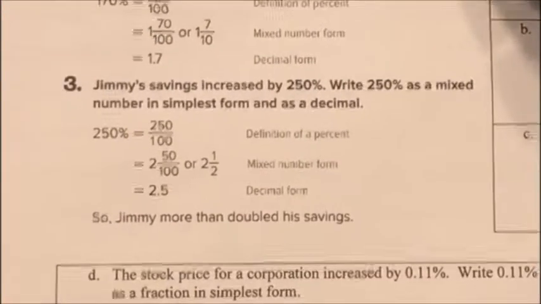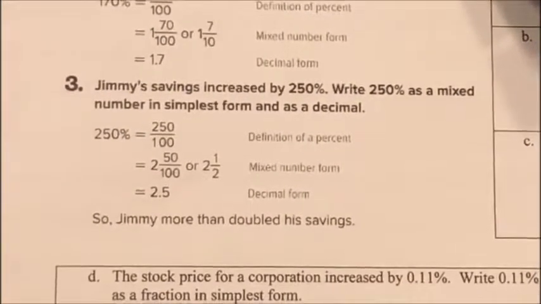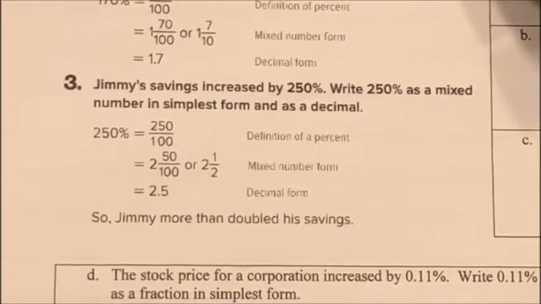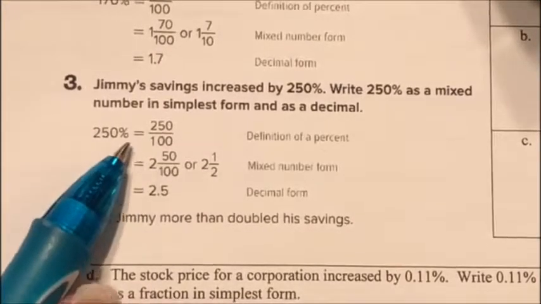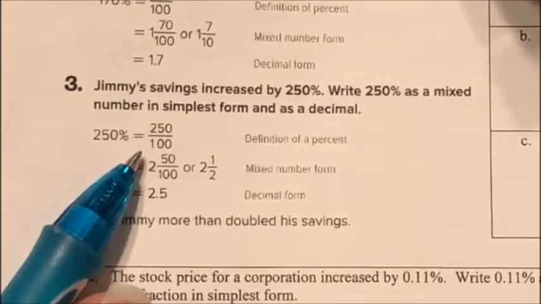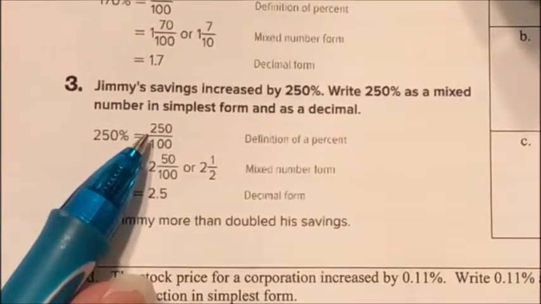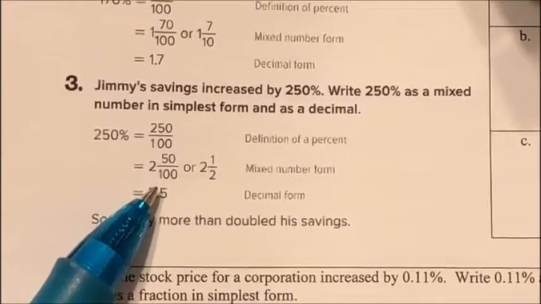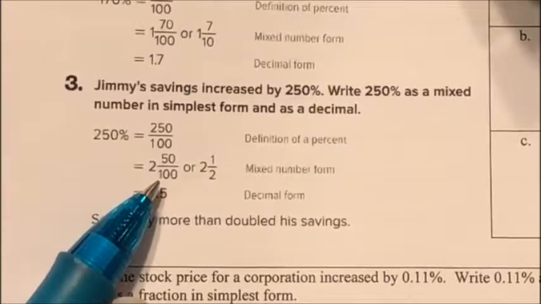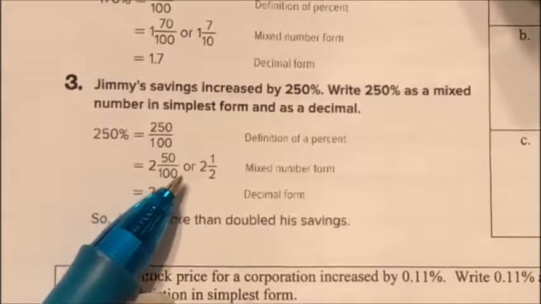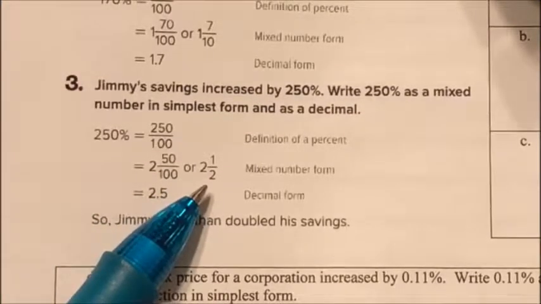Number 3, Jimmy's savings increased by 250%. Write 250% as a mixed number in simplest form and as a decimal. 250% becomes 250 over 100. 100 goes into 250 2 times with 50 over 100. 50 and 100 can both be divided by 50, so I get 2 1/2.